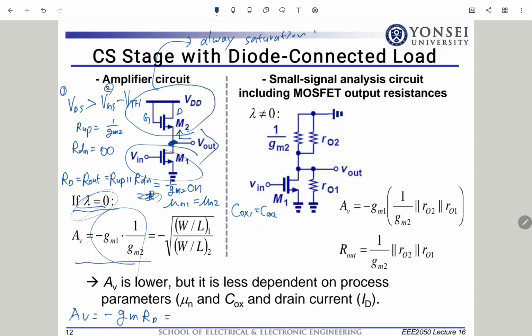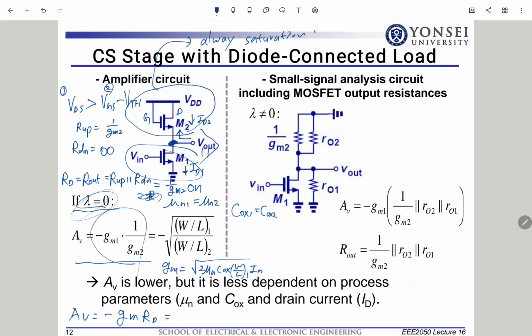So here, gm1 is equal to square root of 2 mu n Cox W over L1 ID. What is the relationship between ID2 and ID1? They are also equal.